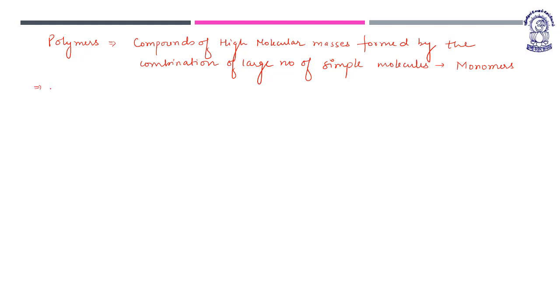So we can say the polymers are macromolecules, and the building blocks of these polymers are monomers, which are micromolecules. Okay.